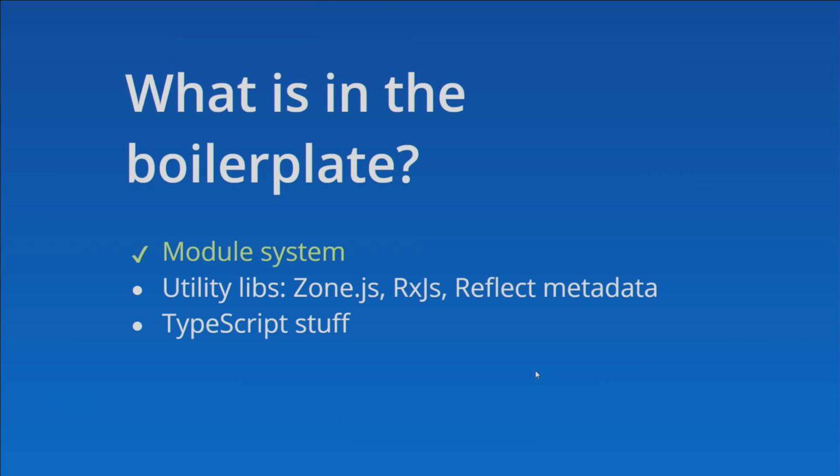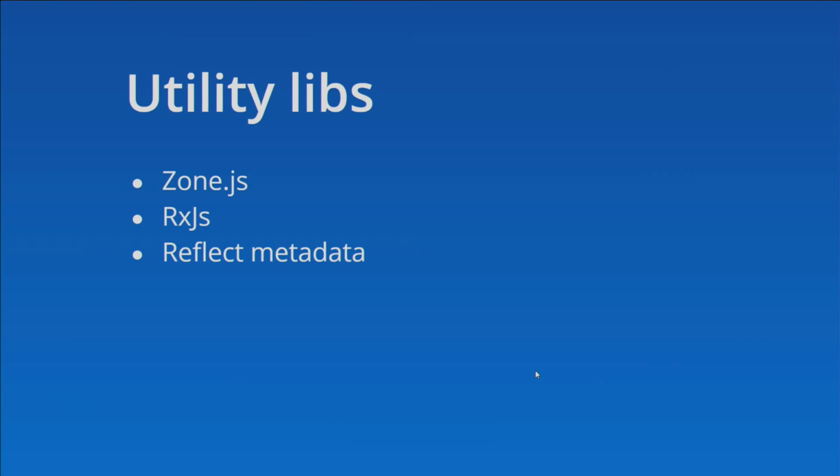Okay. There are 3 main utility libraries in Angular that we cannot get rid of at all. They also usually include browser shims for supporting all the browsers and maybe some other stuff. But there are 3 essential libraries that Angular itself depends on, and it cannot work without them.